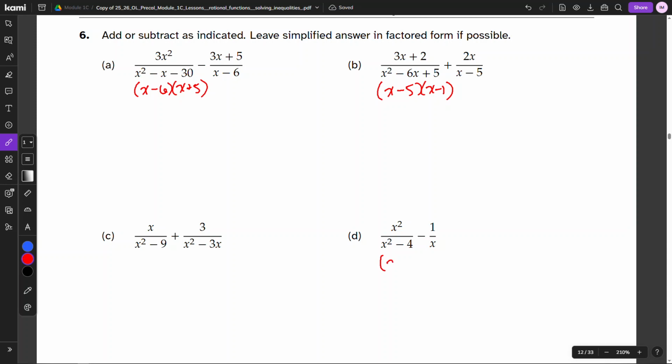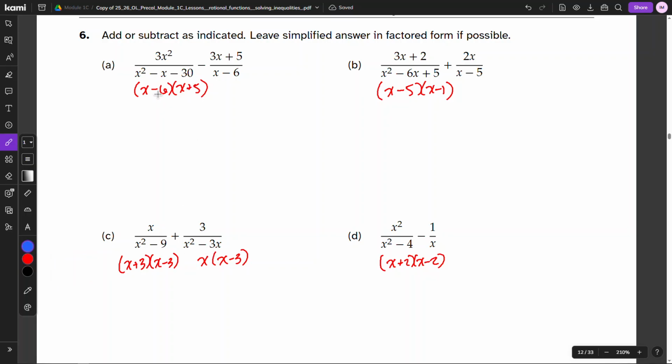Over here, this is going to be an x plus 2 and an x minus 2. Here we'll have an x plus 3 and an x minus 3. Here we'll have an x and an x minus 3.